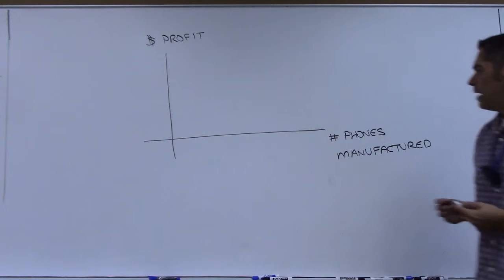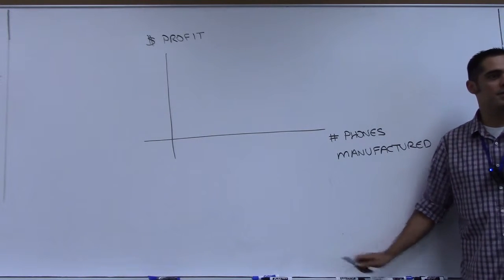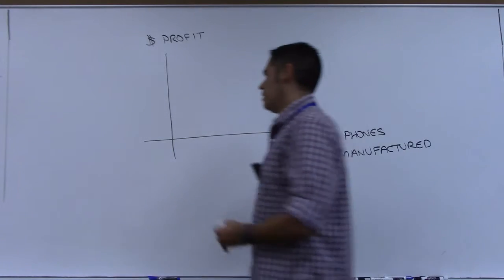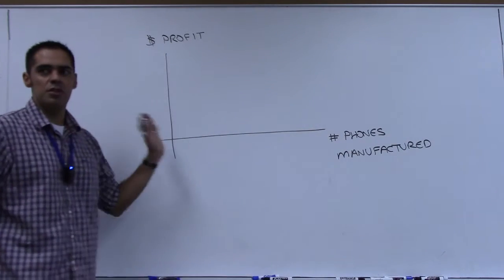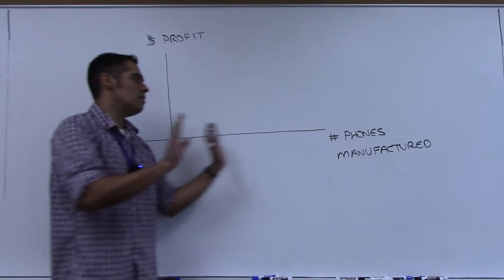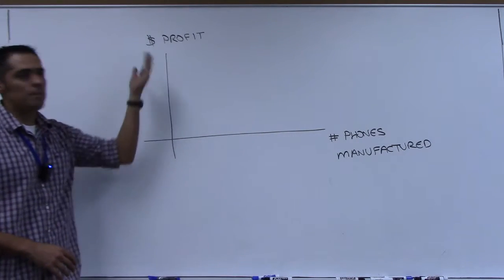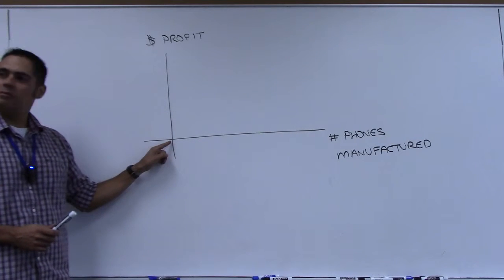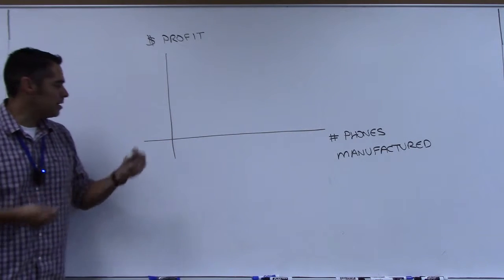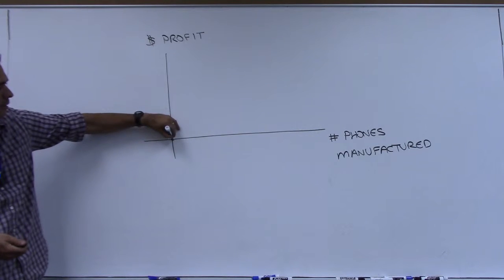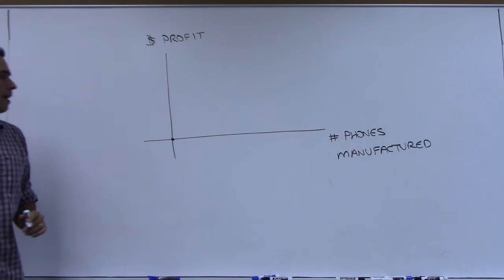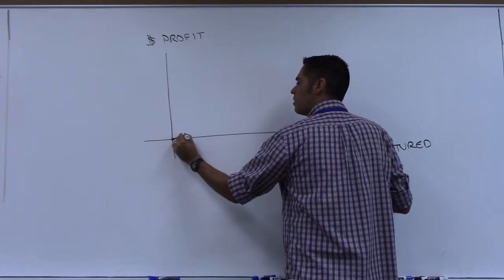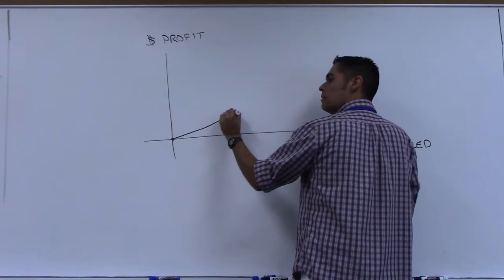So you manufacture cell phones, right? That's what your business does. And if you graph this function of the number of cell phones you make versus the profit, it's going to look like something, right? So if you don't make any phones, you're not making any money, right? So maybe we can all agree that this point's here. And then maybe you'll agree that as I produce more phones, I make more money, right?